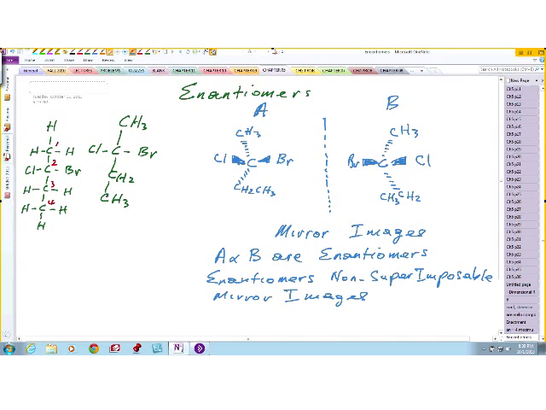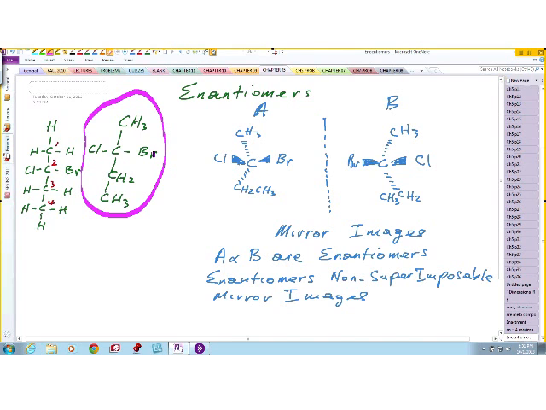Now, also, if you take a look at this structure that I've given you here, this structure is a two-dimensional representation of this structure. Okay, this is a three-dimensional representation.